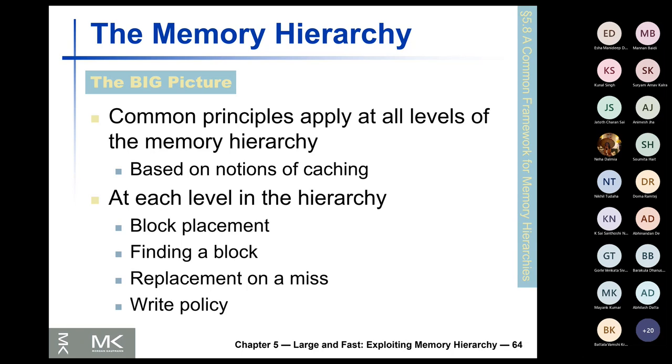This information is hidden from the users, and most of the time the addresses we deal with are basically virtual addresses. Now there should be a translation mechanism from virtual to physical address.